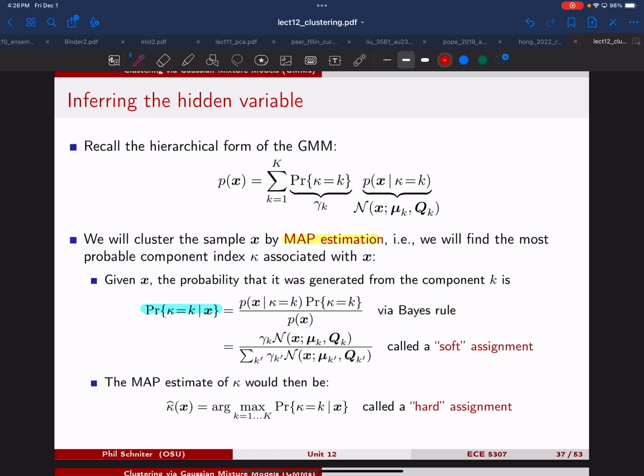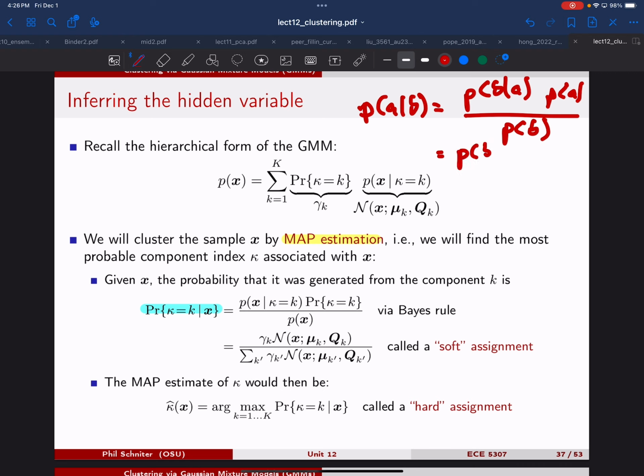So Bayes' rule in general says P of A given B is P of B given A times P of A over P of B. There's another way you can write this that's sometimes useful, where in the denominator you write it in terms of the things you already know. So we'll replace P of B with the integral of P of B given A times P of A, dA. Maybe I'll put a prime on the A to make sure it's not confused with the one in the numerator.